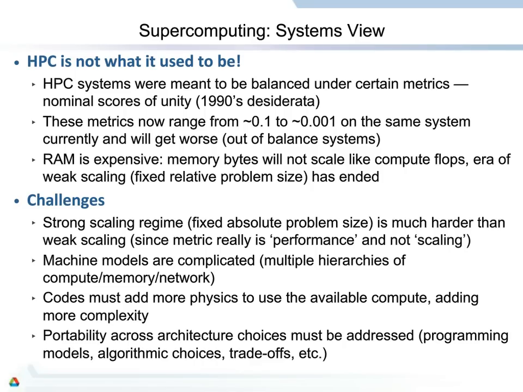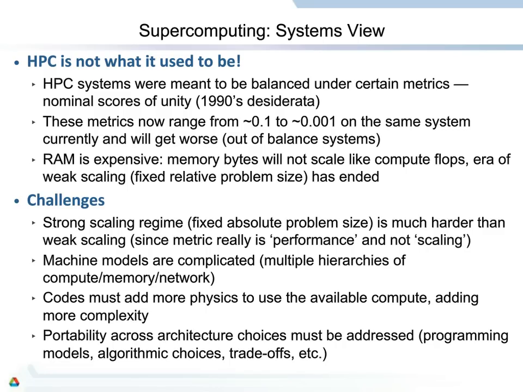I already mentioned this business about memory, but why is this important for scientific computing? It used to be that as the machines got bigger, that is to say faster, they also had more RAM. Many applications, including ones that I'm interested in, dealt very nicely with this because they had a fixed relative problem size.